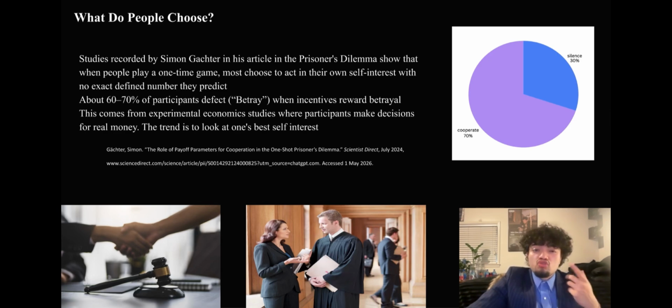They decide to betray their partner when incentives reward or have consequences of high stakes, when offered money or a consequence like going to jail. One looks at themselves and looks for the very best outcome for oneself at a 70% clip during this research that they made.